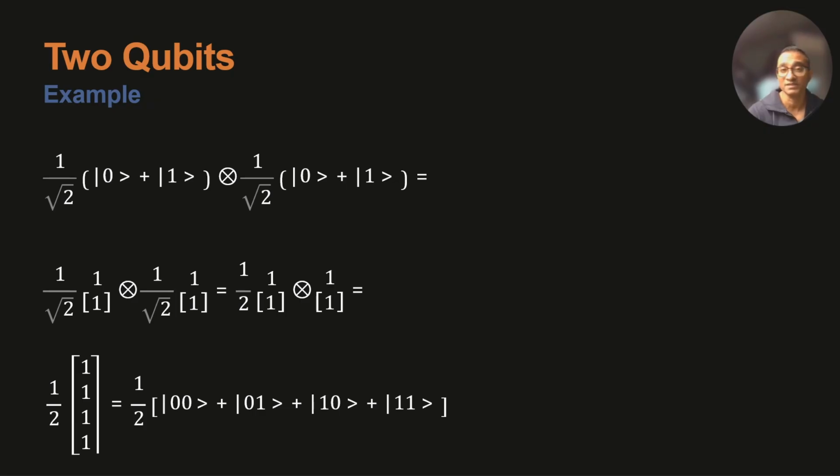And remember, this is still L2 normalized, which means when you take the square of the probability coefficients, it becomes 1 by 4, plus 1 by 4, plus 1 by 4, plus 1 by 4, which gives you 1, which is what the squares of the probability coefficients should give for it to be a valid state.